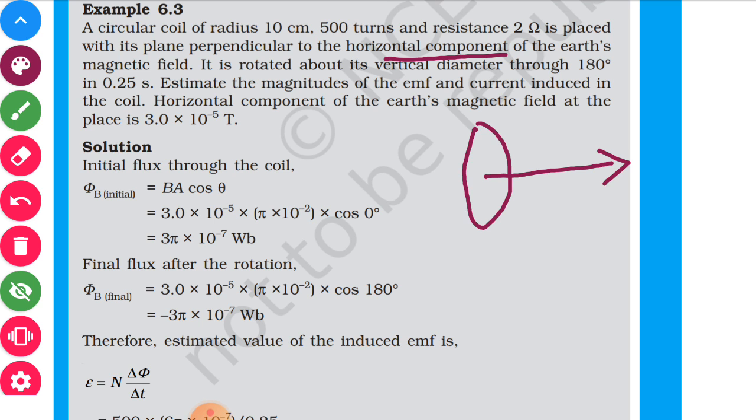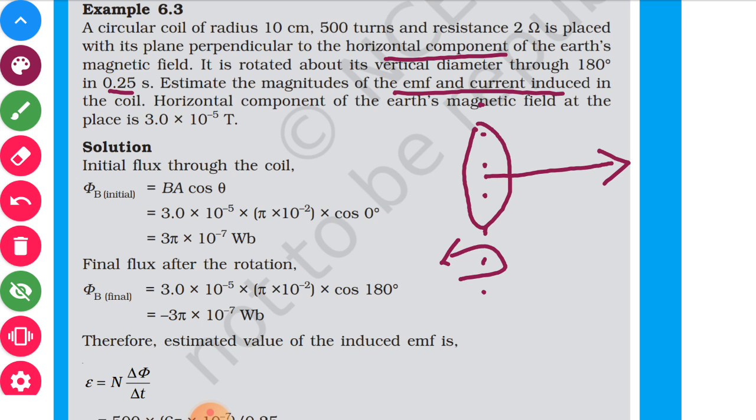It is rotated about its vertical diameter, like this, through 180 degrees, in 0.25 second. Estimate the magnitudes of the EMF and current induced in the coil.